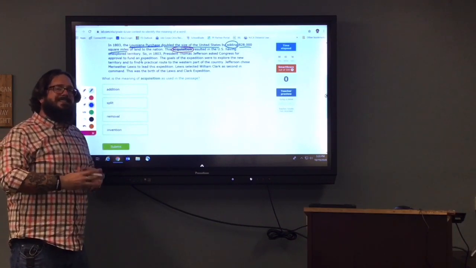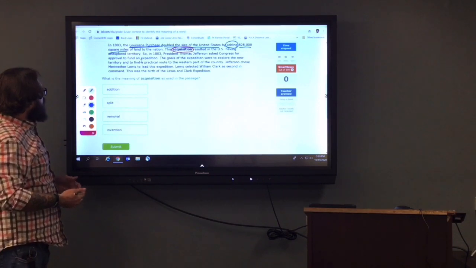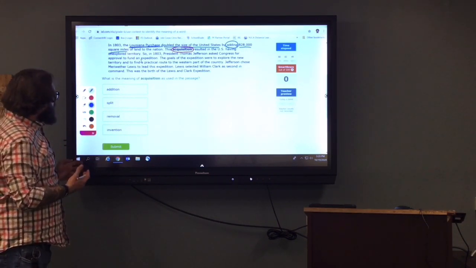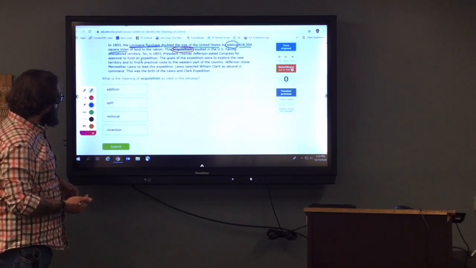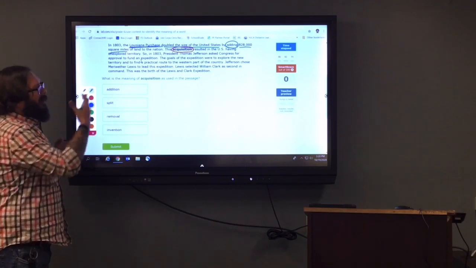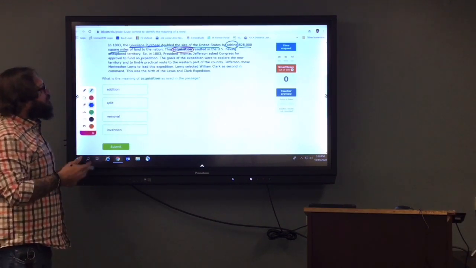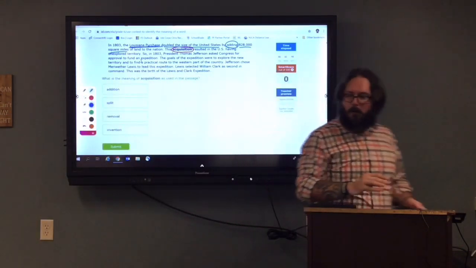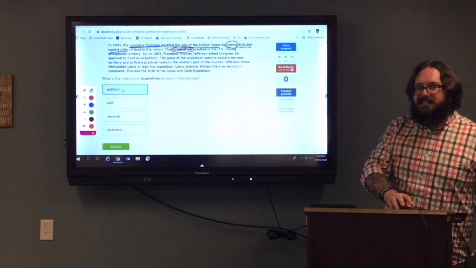It added to the size of the land that we owned. So if we look at our answer choices, addition, split, removal, and invention, well, we're almost directly given the definition of acquisition because the author used the word adding. Therefore, acquisition means addition.